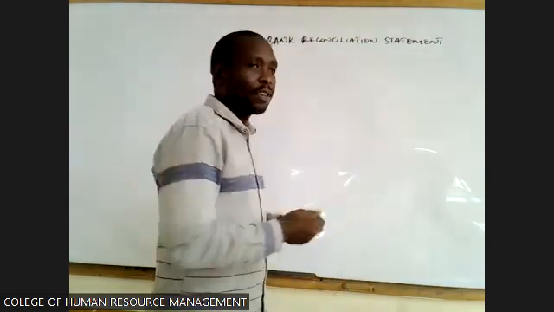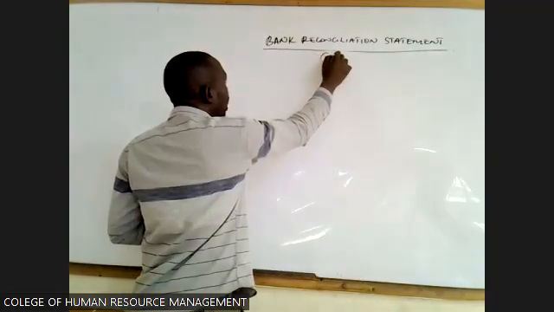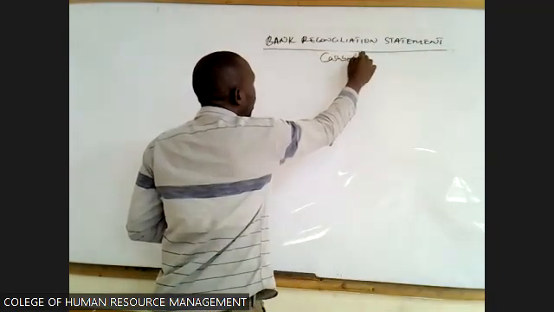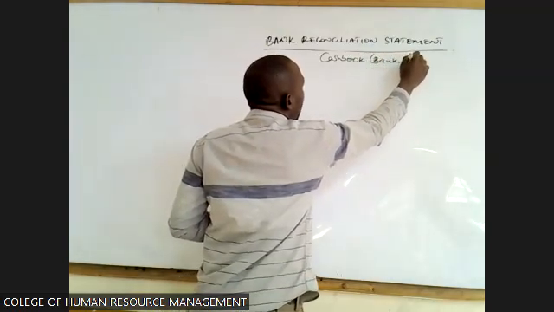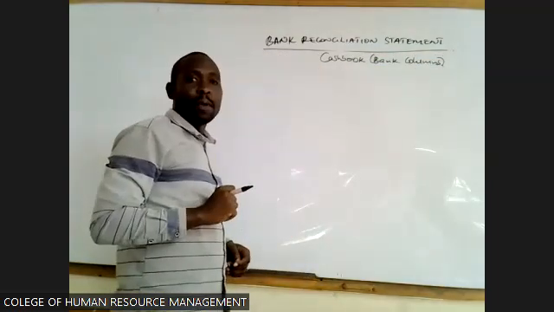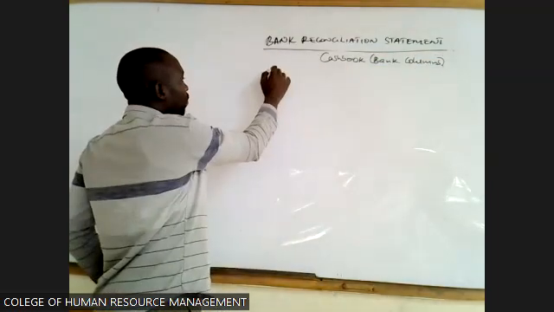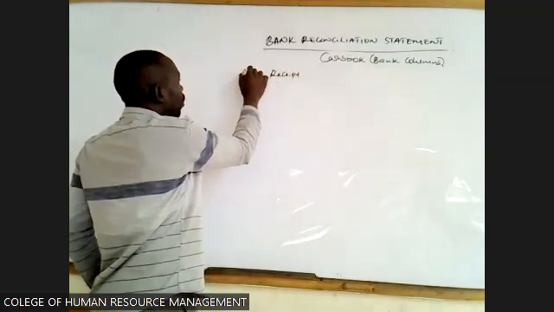So actually, this is the scenario. We have got the cash book, and in the cash book, our interest is only on the bank columns. Remember how we used to prepare the cash book? We have the receipt side, which we call the debit.